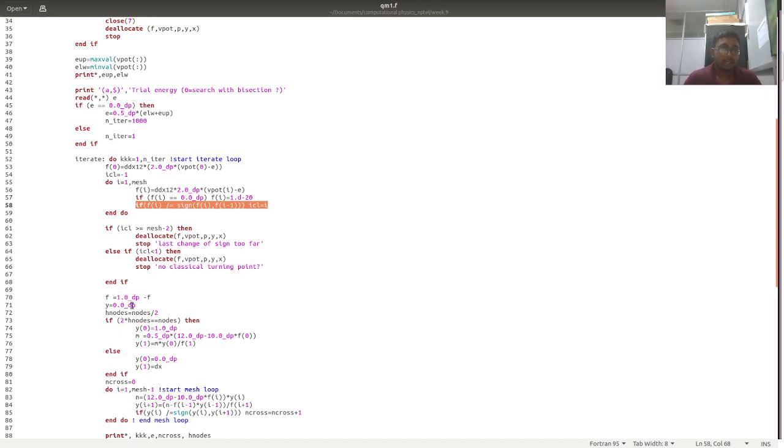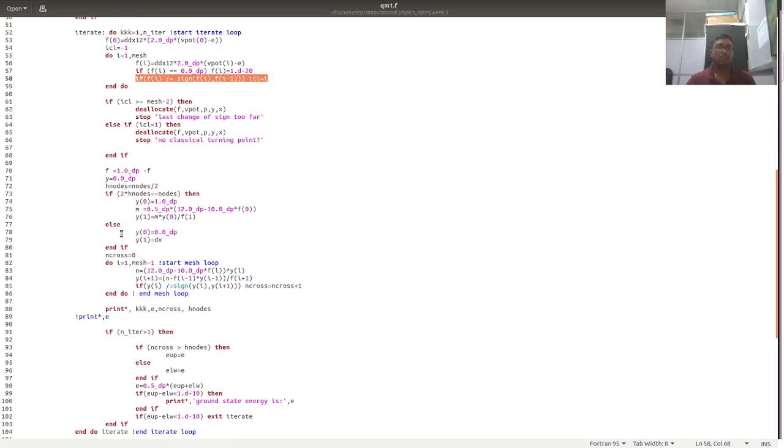Then f is 1 minus f and y is 0, and here h node is equal to nodes by 2. So we have the total number of nodes equal to twice h node.